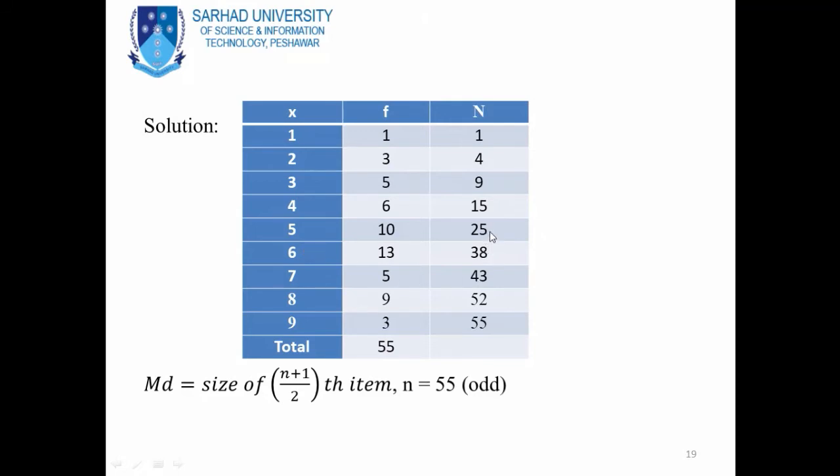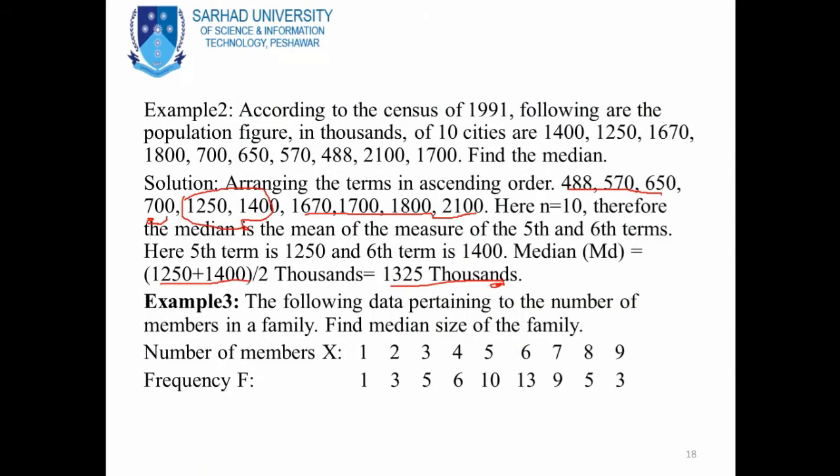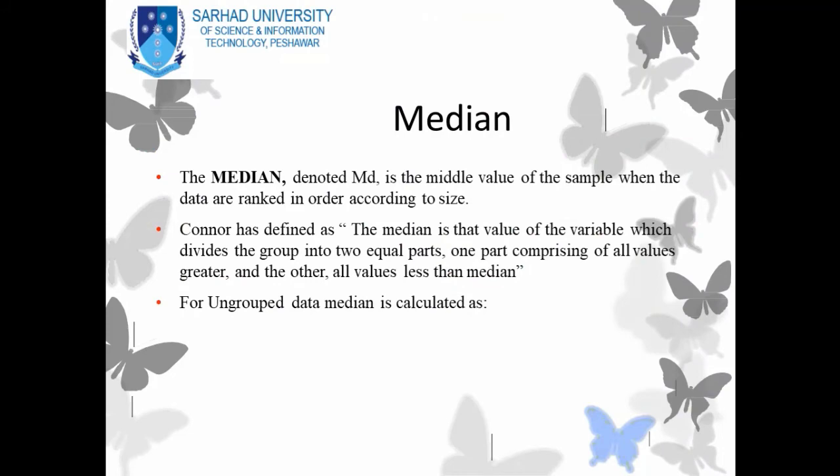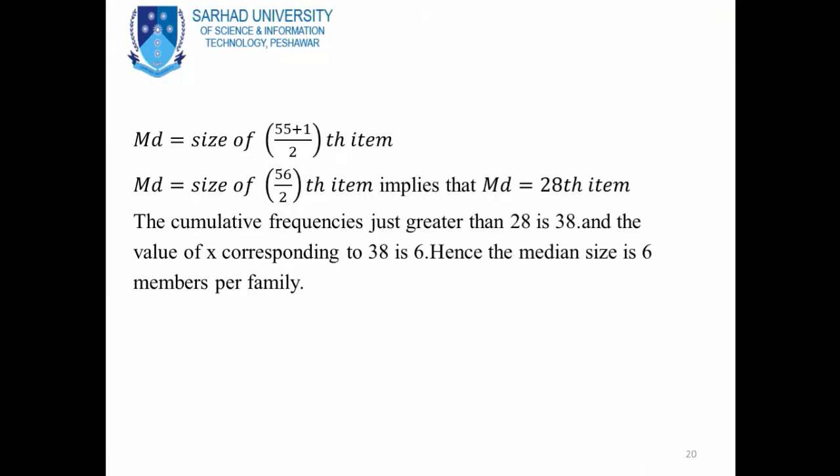So from 1 to 4, this number lies, 4 to 9, this number lies, 9 to 15, this number lies. So from 26 to 38, the value 6 lies, and the position of the data is 28.